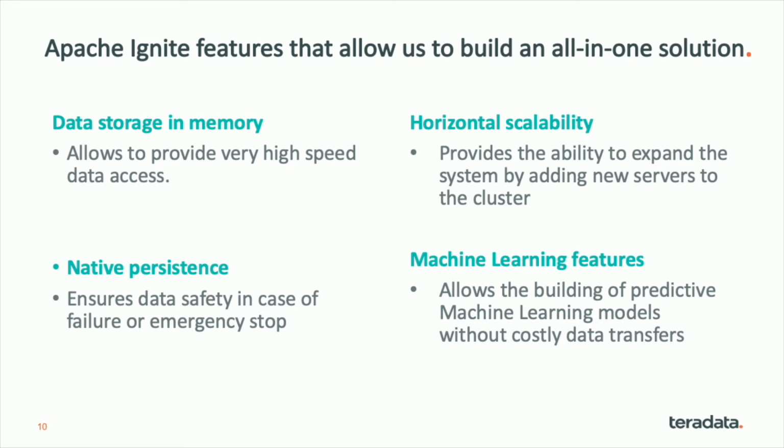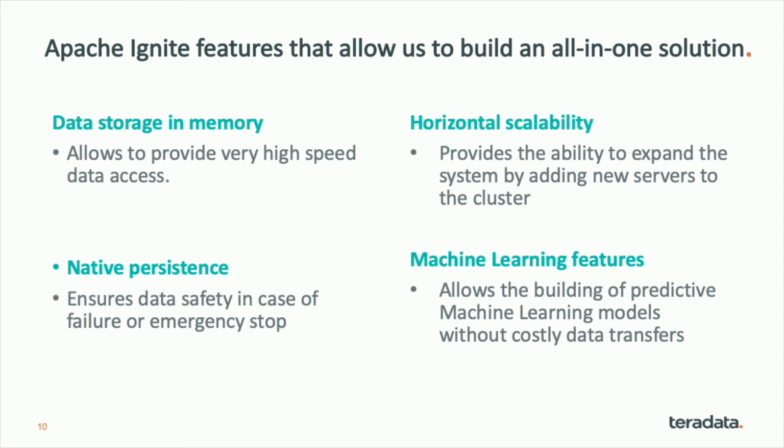There are several features because of which we did it. First of all, in Apache Ignite, data storage is in memory. It allows very high-speed data access. We can read data rapidly, we can save data rapidly, and it works really fast. Another important feature was native persistence, because let's imagine we have a very high-loaded business-critical system and something crashes or there is an emergency stop and we lose all data.